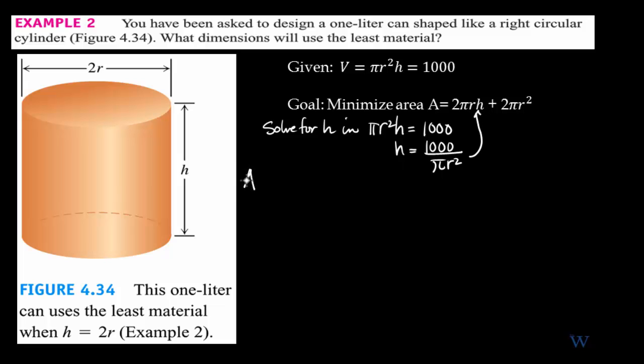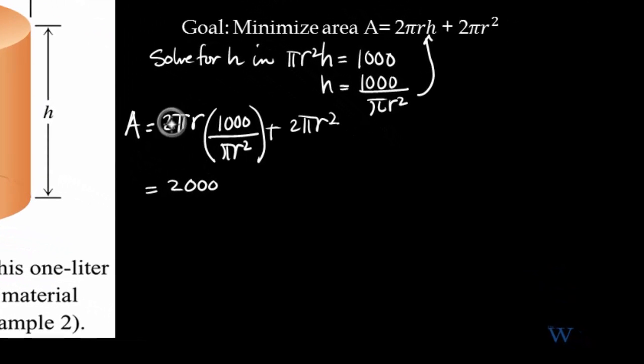So you're going to get a equals 2 pi r times 1000 over pi r squared, and then plus 2 pi r squared. And as you can see, that's going to be 2000 because you multiply 2 by 1000, and then the pi cancels out, and one of the r's remains at the bottom. Okay, plus 2 pi r squared. So this is now the quantity that you want to minimize.